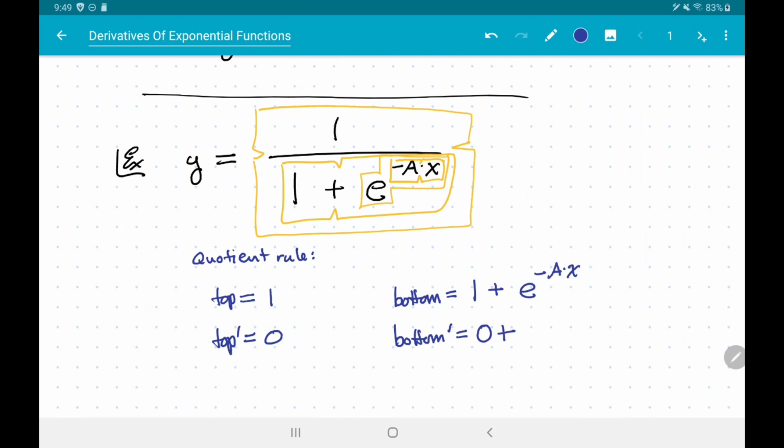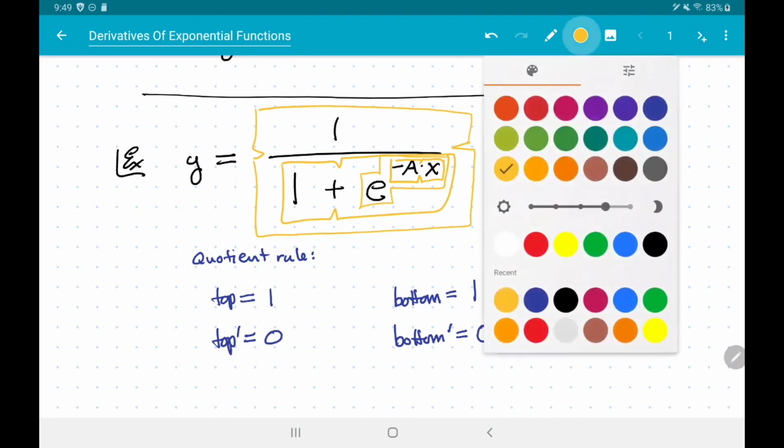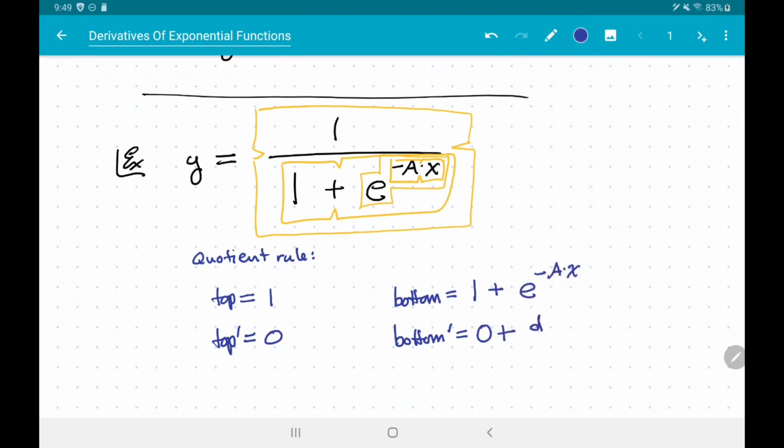The derivative of plus a constant contributes plus 0. Normally we don't write it, but I'm writing it here because we've got a lot of stuff going on. So now we're at this stage. I'm going to write out, just for the moment, the derivative with respect to x of e to the minus a times x.